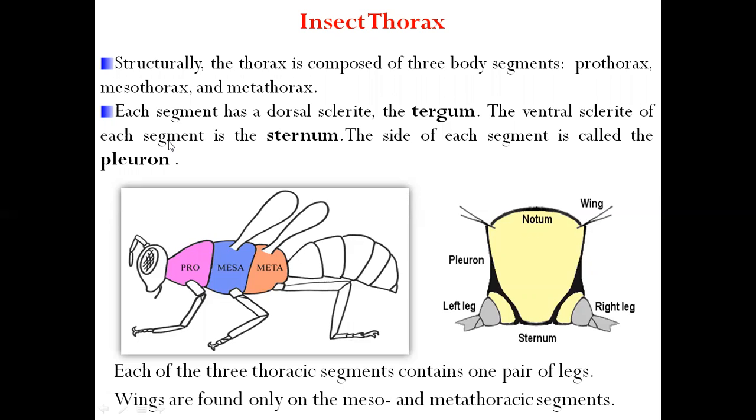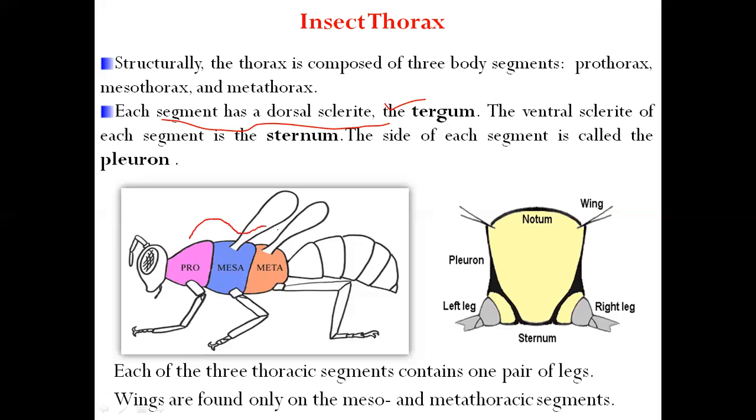Each segment of this thoracic region has an important role, as it possesses various appendages. I'm highlighting some points. Each segment has a tergum, which is the upper side, or the dorsal side of the insect body.